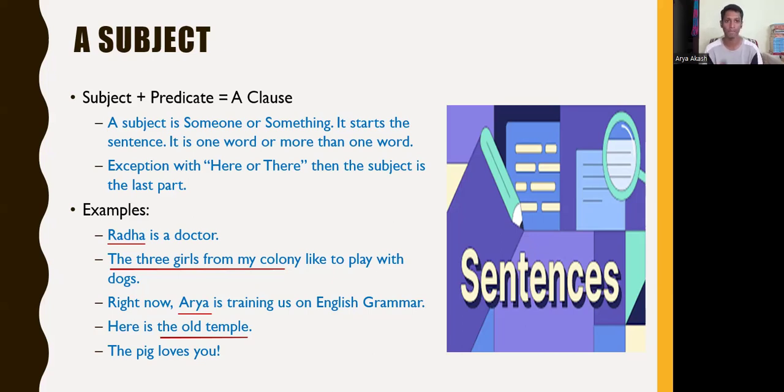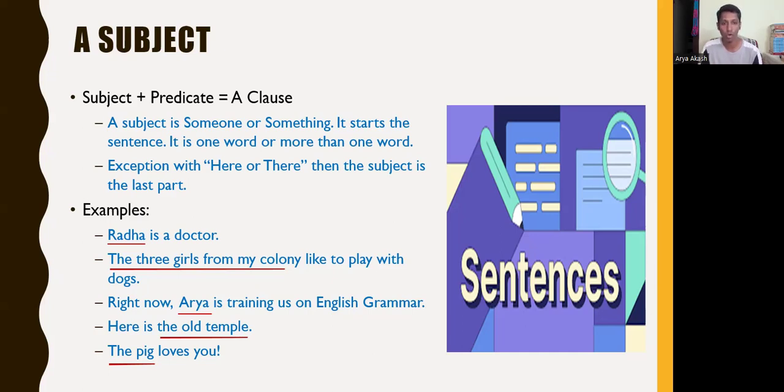It's a sentence about an old temple. So the old temple is the subject. The pig loves you. Who loves you? The pig loves you, right? So the pig is the subject. I hope you got the clarity on what a subject is.